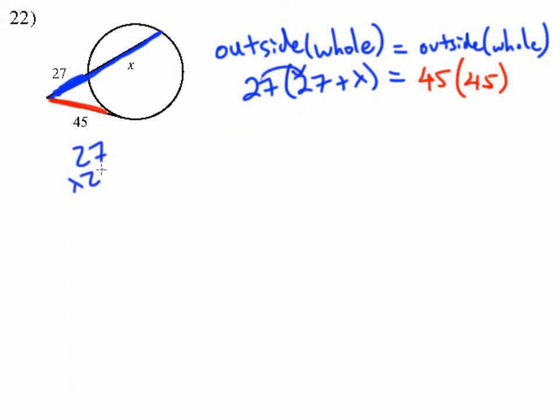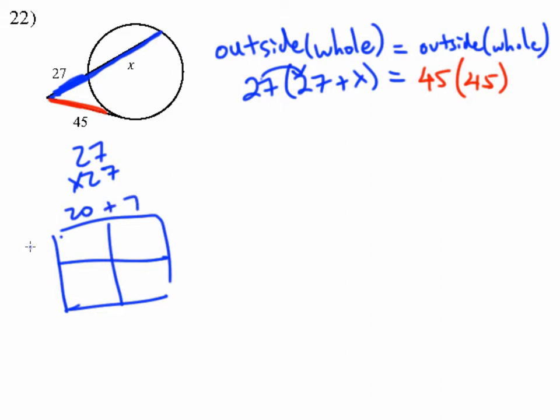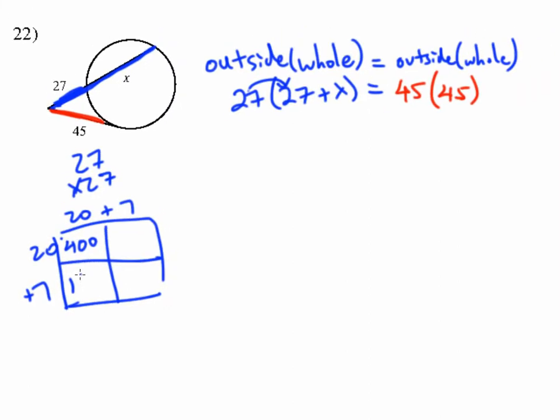Let's break it down: 20 times 20 is 400, 20 times 7 is 140, 20 times 7 is 140, and 7 times 7 is 49. 140 plus 140 is 280, 280 plus 400 is 680, and 680 plus 49 is 729.